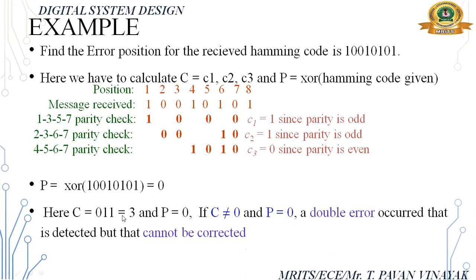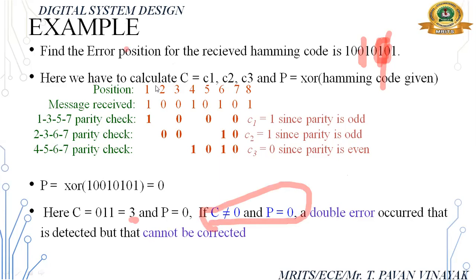What is the C value you get? 3, meaning error is showing at third position. But you know, error occurred in these two positions. You changed the values of these two positions, but not 3. So we cannot correct the error. But we can say it is double error because this is the condition.